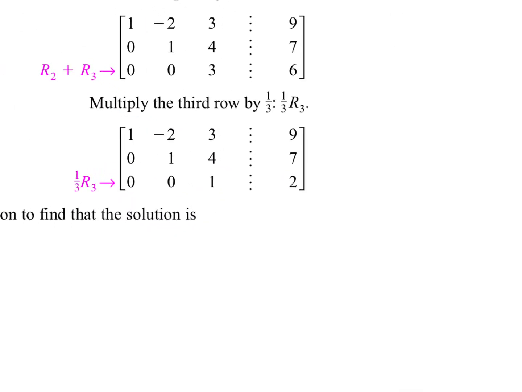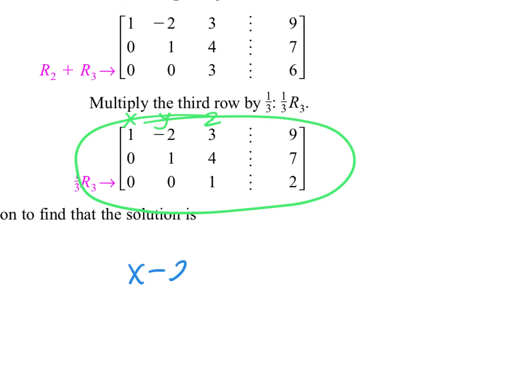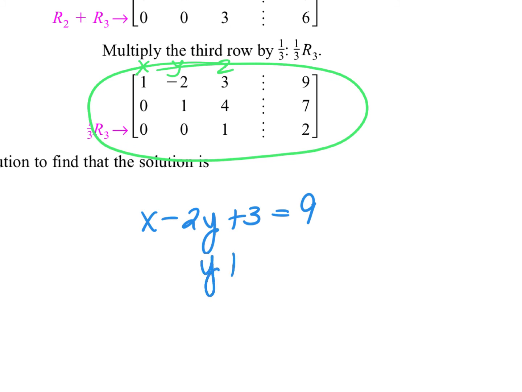And if I said to you guys, write this system of equations, how many variables do you see? 3. There's 3. So we're going to call this the x column, the y column, and the z column. So you would write your answers. Your first equation would be x minus 2y plus 3z equals 9. You guys see that? And then it would be y plus 4z equals 7.